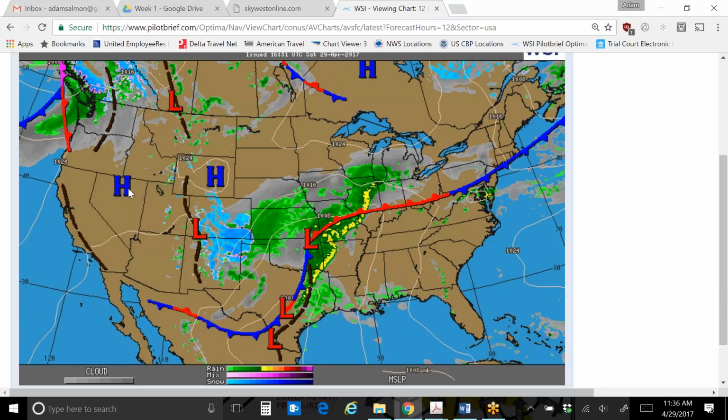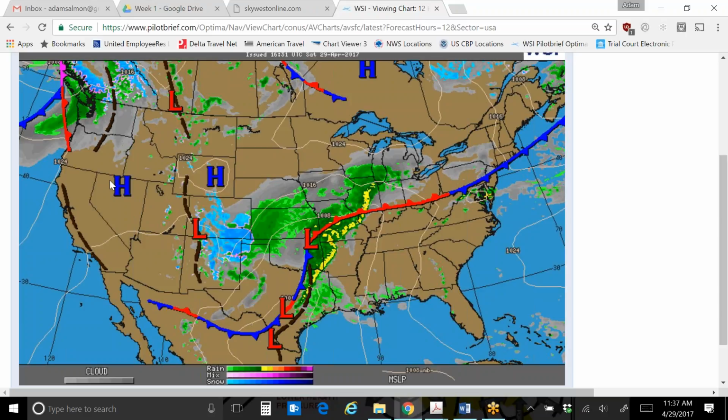If you think about a high, it has an anticyclonic rotation. It's rotating clockwise, if you can see the mouse moving. As this high gravitates over Utah, you'll see the wind from a high is constantly trying to go anticyclonic. So if you have a high over here, its wind is going this way.